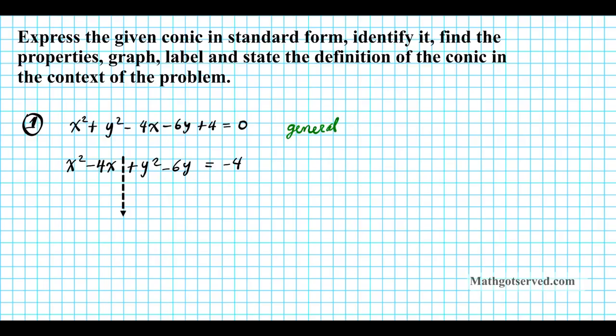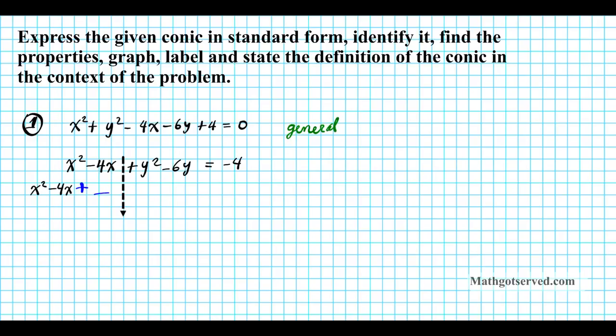Now, for the x world, we have an incomplete square, and here we also have an incomplete square. So we want to create a perfect square trinomial in the x world and also in the y world. So we have x squared minus 4x plus a term that makes this a perfect square trinomial.